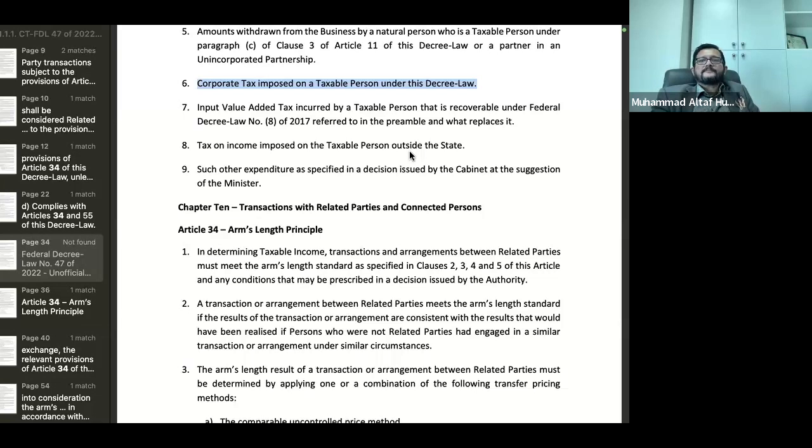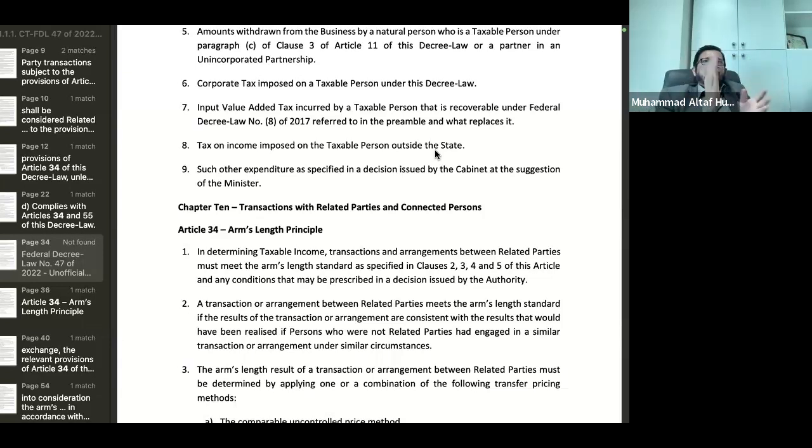Tax on income imposed on a taxable person outside the state, you can't claim it as a deduction. The only thing you can do is claim it as a tax credit. Or on a foreign permanent establishment basis, those affairs will stay there. Our affairs will happen here. That's it. Foreign permanent establishment.